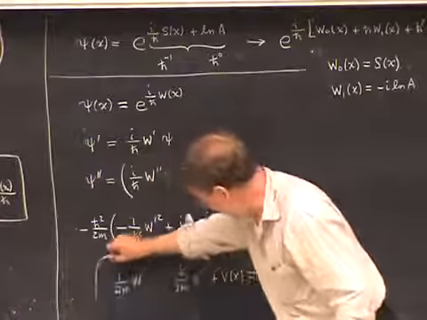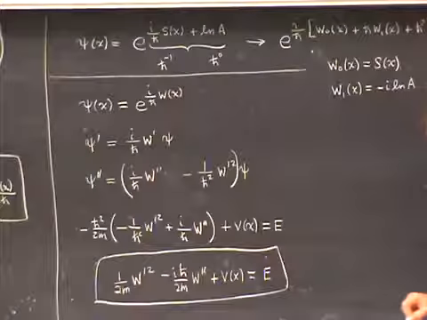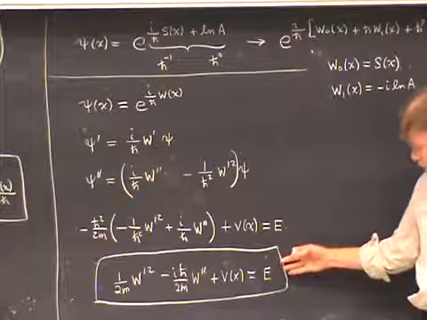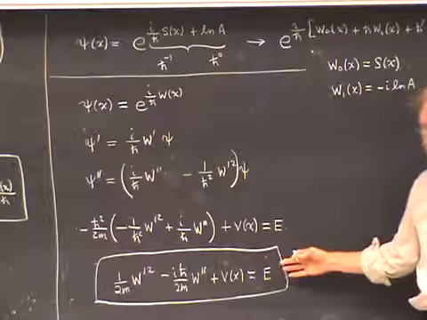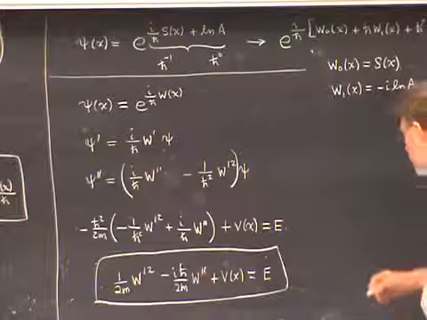And I'll put a box around this because it's a useful intermediate step to look at. This is the Schrodinger equation, which has been transformed from psi into its logarithm. But in fact, there's no approximation at this point. It's exactly equivalent to the original Schrodinger equation.